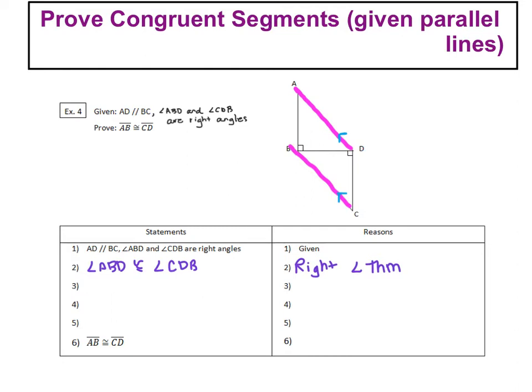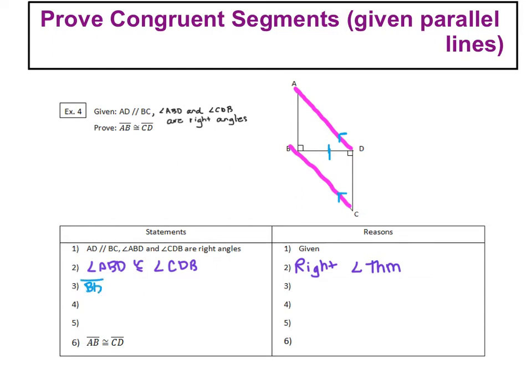Now, in order for us to prove that we have these two congruent sides, notice we do have two triangles here. So we're looking for, is this a side, side, side, or one of those? The next thing we can say is you've got this shared side, BD, that's congruent to itself.